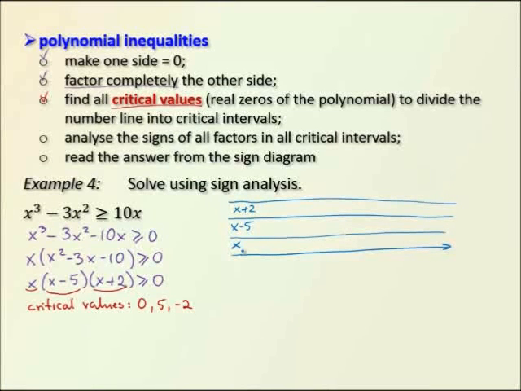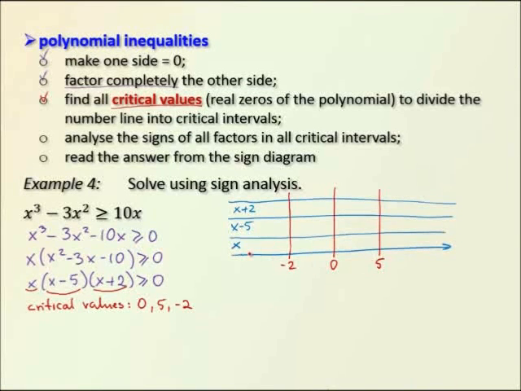So we're going to think of those expressions, how do they behave on the number line? And we're going to cut the number line by our critical numbers. So the lowest one is -2. This line will represent -2. Then it's 0. So let's say somewhere here it's 0. And somewhere there is 5.